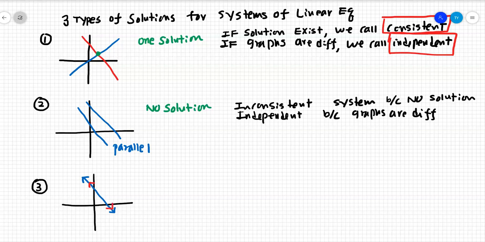So in this case, we have many solutions. I can say an infinite number of solutions, right? So we know that because we have a consistent system, because many solutions.